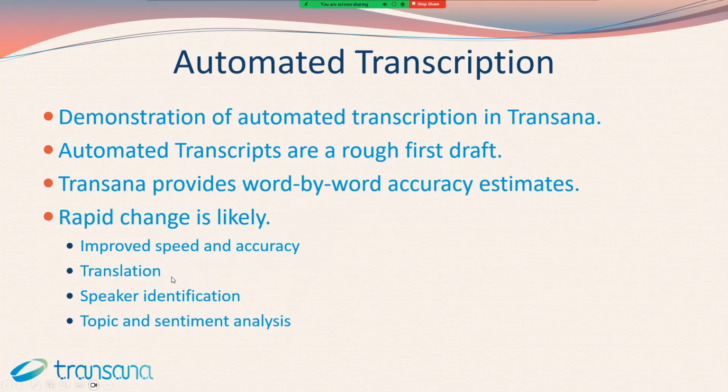Translation is coming. If you use Faster Whisper on data that is not in English, Transana offers you the opportunity to create an English translation transcript, as well as creating a transcript in the language that is spoken. So translation to English is implemented in Faster Whisper in Transana.